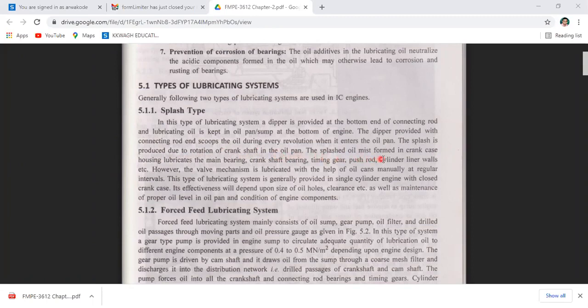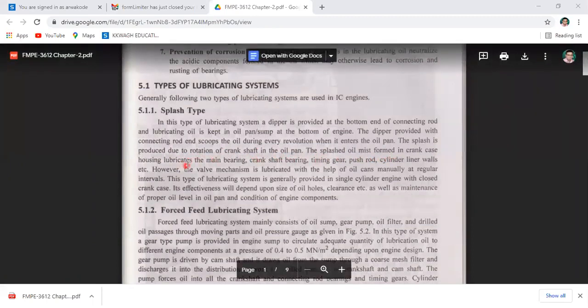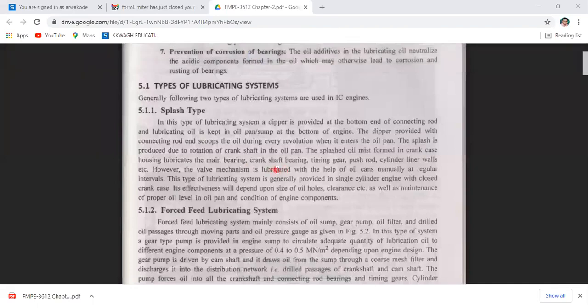The splash oil mist formed in the crankcase housing lubricates the main bearing, crankshaft bearing, timing gear, push rod, cylinder liner, valves, etc. However, the valve mechanism is lubricated with the help of an oil can manually at regular intervals. This type of lubrication system is generally provided in single cylinder engines with a closed crankcase.